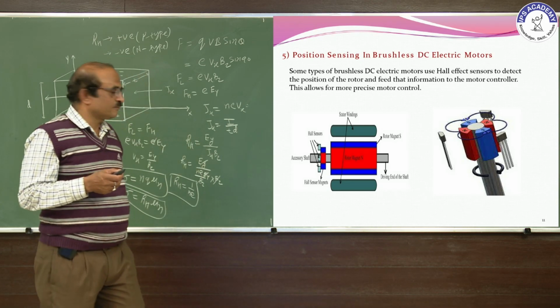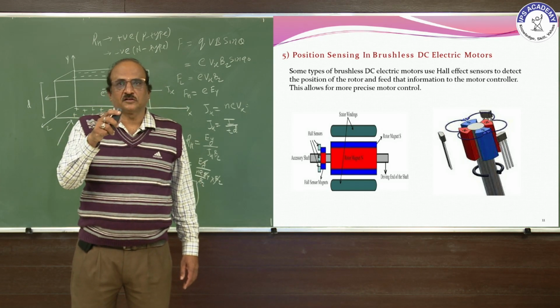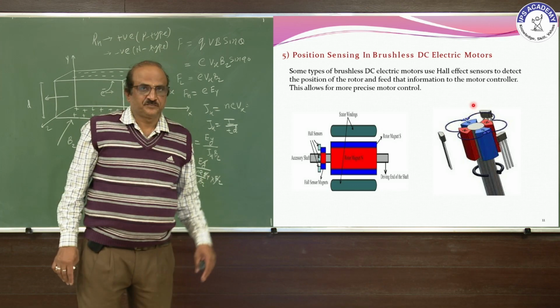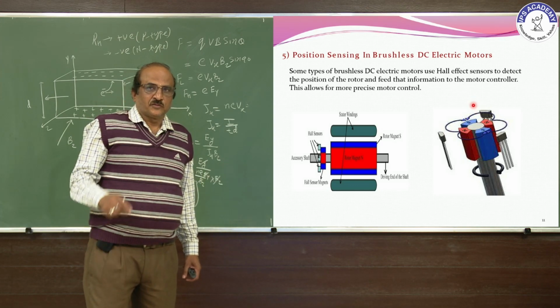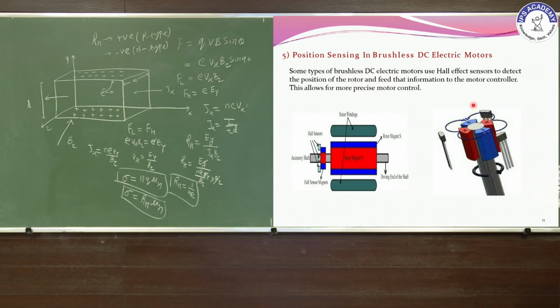You can see here the position of the Hall sensor in the diagram. Here is the commutator, and in place of the commutator we use Hall sensor ICs.